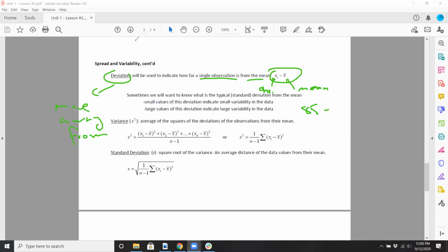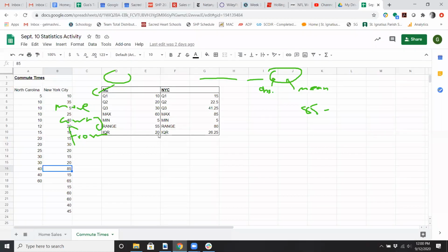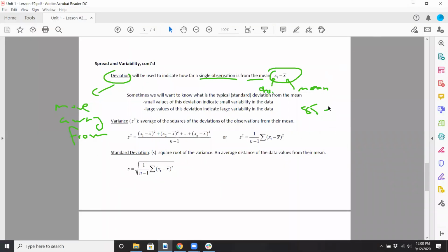And our mean, we didn't calculate the mean. Why did we not do that? Anyway, real easy, equals AVERAGE through 1.5. So that would be something I would want to calculate to see how this particular data point, 85, deviates from the mean. And it deviates by about 53.5 minutes, because that's what we're measuring for commute time.